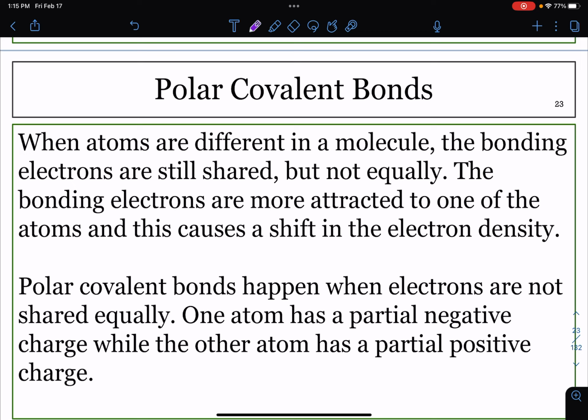One of the atoms usually has a higher ability to attract electrons to itself, causing the electron density to shift towards it. This causes that atom to have a partial negative charge and the other atom to have a partial positive charge. We call this type of bond a polar covalent bond.